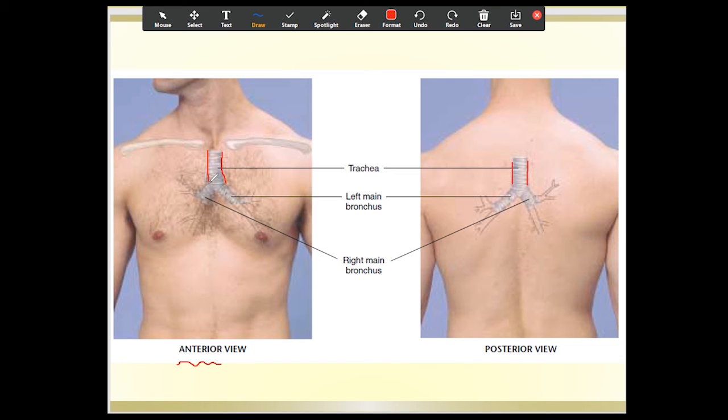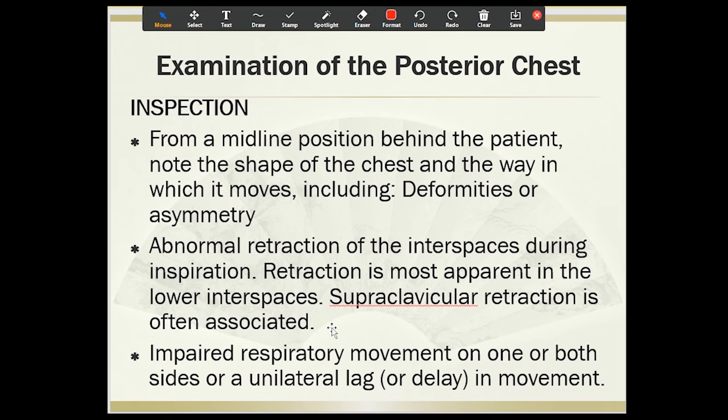And then we have 2 main bronchi. Certainly we have more small bronchi later. So that's basically about the anatomy of the chest area.